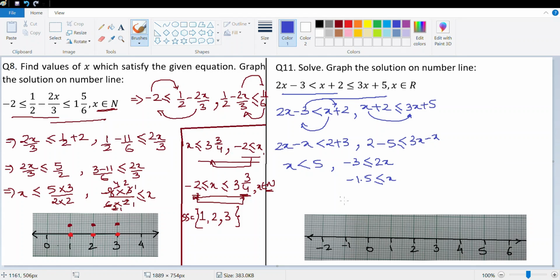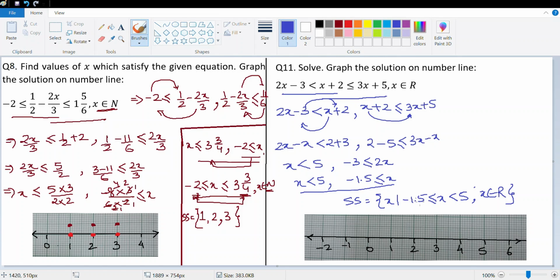Yes, divide by 2, negative 1.5 is less than x, and x is less than 5. If I combine this, my combined solution set would look like set of all x such that negative 1.5 is less than x, which is less than 5, and x belongs to real numbers. I have just combined these two and I have written it in a set builder form.